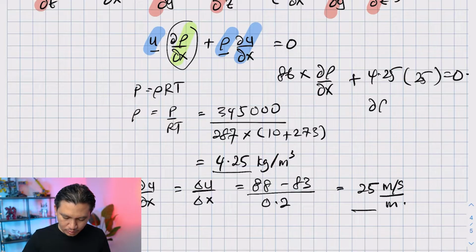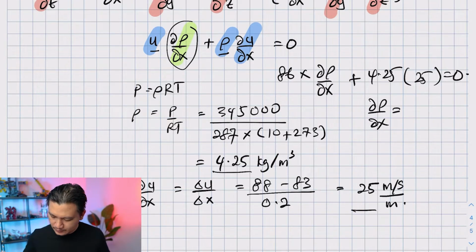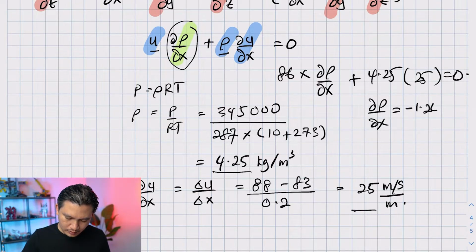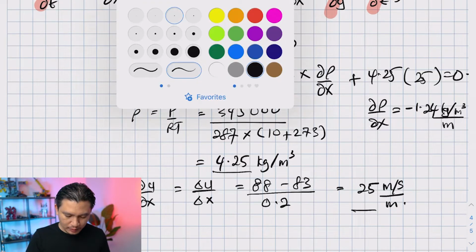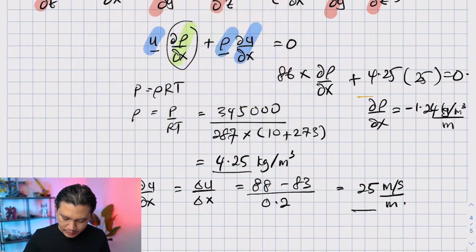So your del rho over del x is 4.25 times 25, that will be negative answer, divided by 86. So that will be minus 1.24 kilogram per meter cube per meter, or simply 1.24 kilogram per meter to the power of 4. So this is now your final answer.